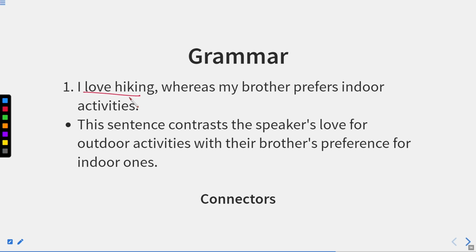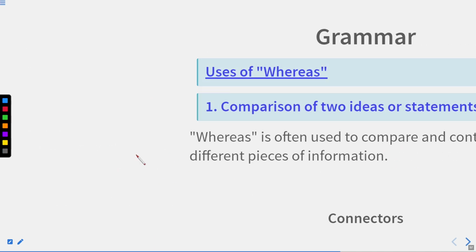I love hiking, whereas my brother prefers indoor activities. So, this is a comparison between me and my brother, that I love hiking, whereas my brother prefers indoor activities. The sentence contrasts the speaker's love for outdoor activities with their brother's preference for indoor ones.